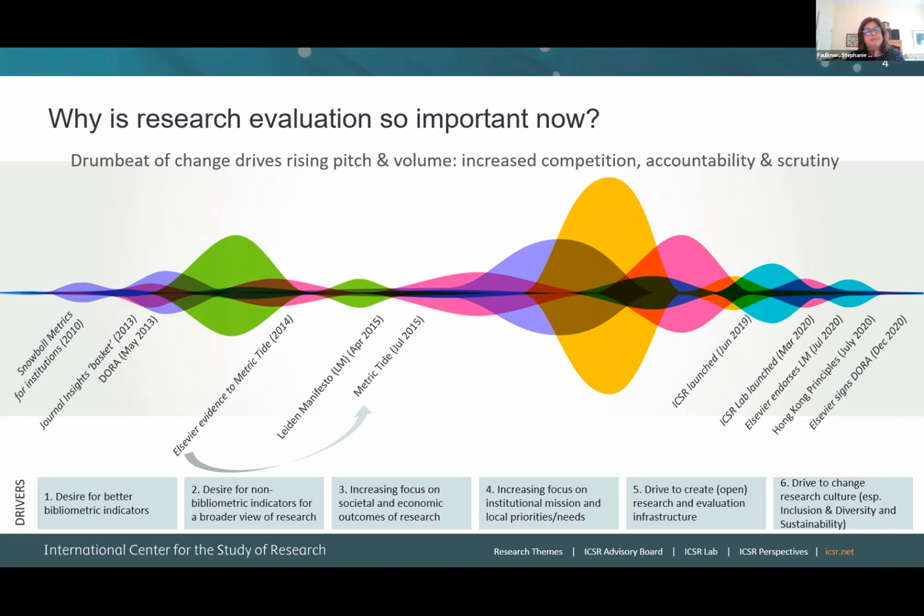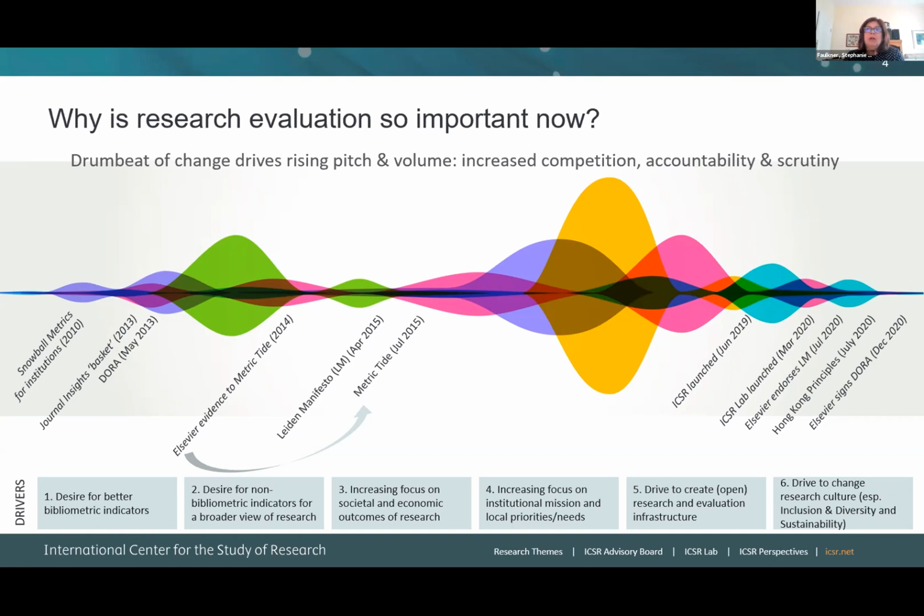And we're seeing a huge desire for improvement and an extension of these indicators to become smarter and more appropriate for their use. Closely related to the first driver, and near and dear to my heart, is the desire for non-bibliometric indicators for a broader view of research. These are indicators that go beyond citations and look at a broader view of research, like societal impact, or how, at the individual researcher level, we can understand what contributions are made.